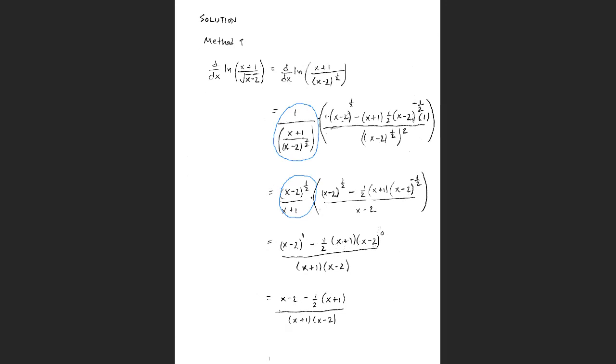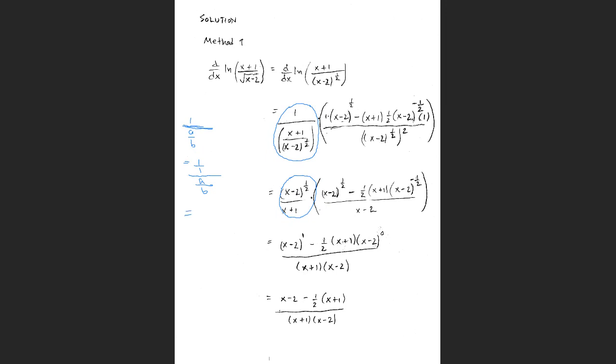I mean, if you have like 1 divided by a over b, I'm drawing that to separate it. That's just like 1 over 1 divided by a over b.